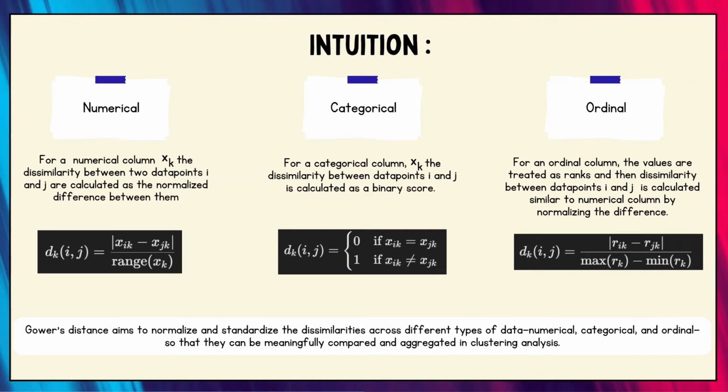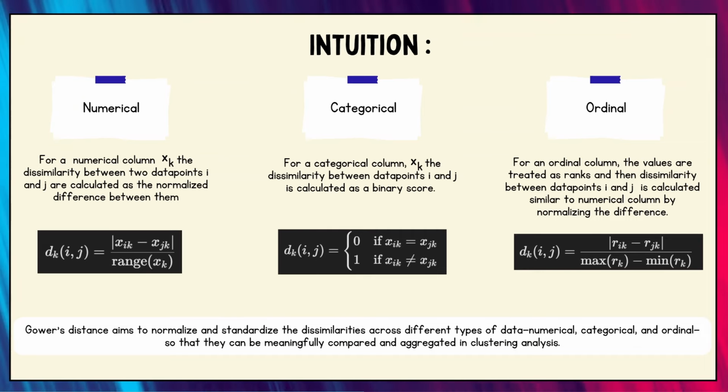For ordinal columns, if you don't know, ordinal columns are just kind of categorical columns, but they have a rank attached to them. So for example, education level: bachelor's, master's, PhD. All these are different categories, but they also have a rank attached to them, right? So a bachelor's can be rank 1, and then PhD needs to be at a higher rank of importance in some way.